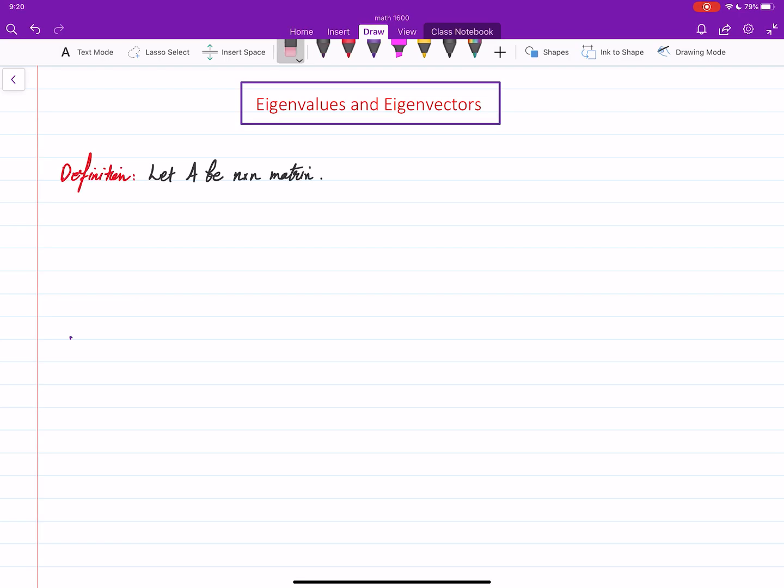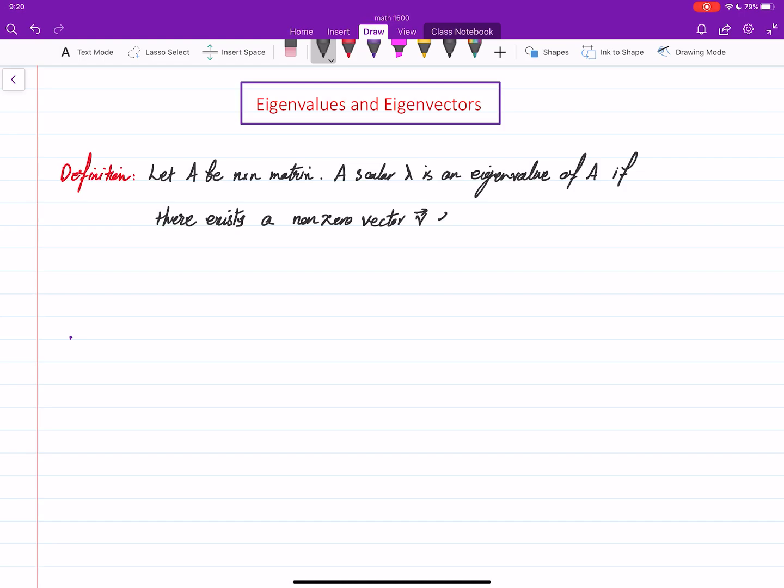Then an eigenvalue of A is a scalar, a number. A scalar lambda is an eigenvalue of A if we can find a non-zero vector v such that, well, we are assuming that v is an n by 1 matrix, a column vector.